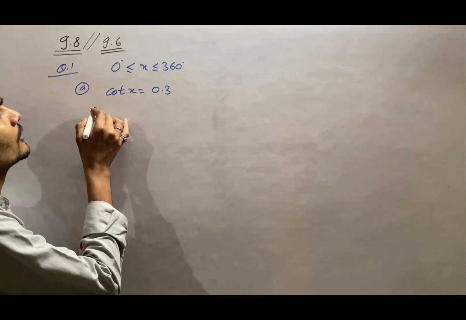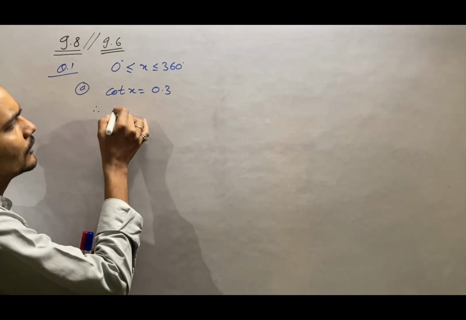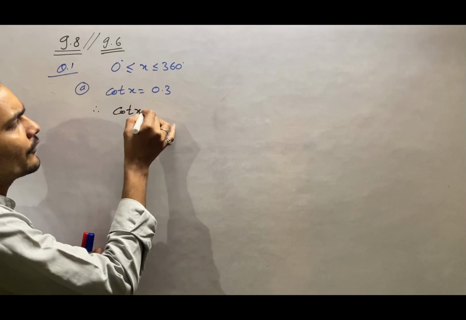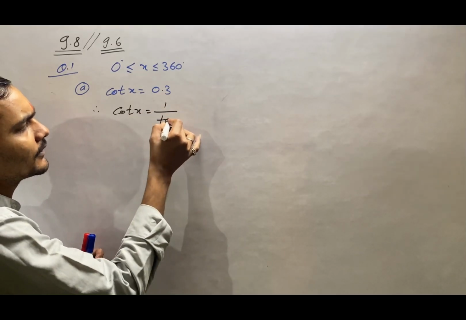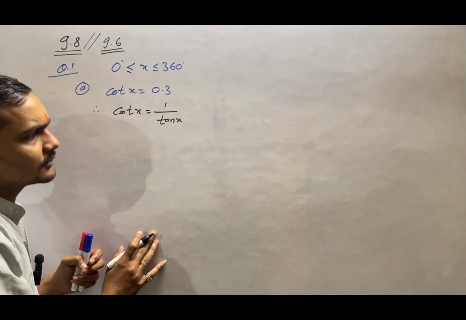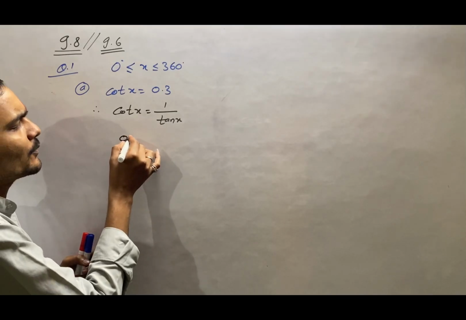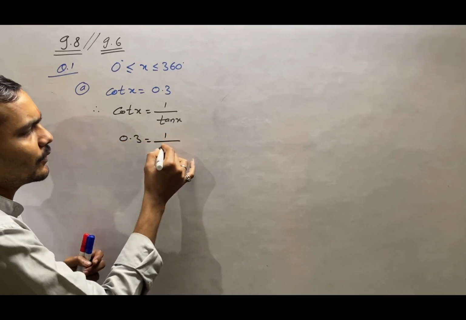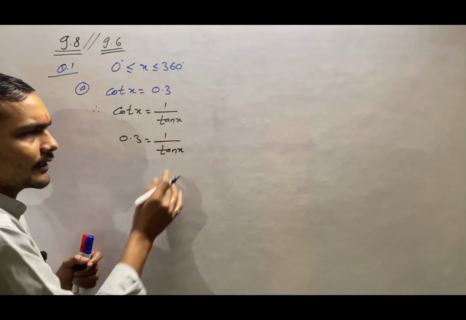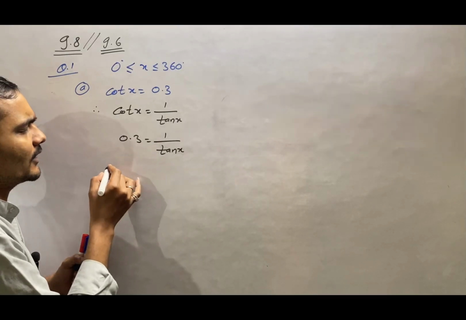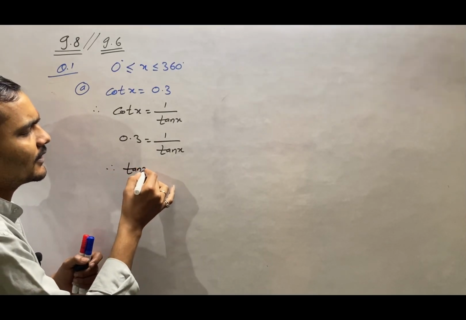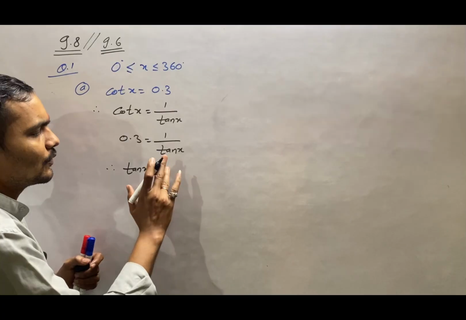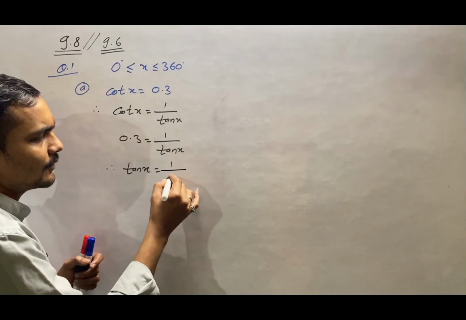Yes, so we know cot of x equals 1 over tan of x. So cot of x is 0.3, that equals 1 over tan x. If you cross multiply, tan x equals 1 over 0.3.